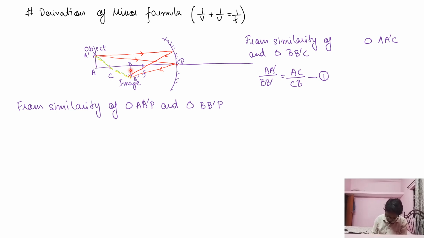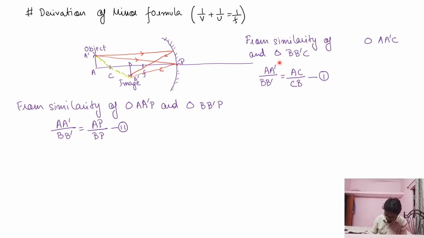A dash by B dash is equal to AP divided by BP. This is our equation number 2.